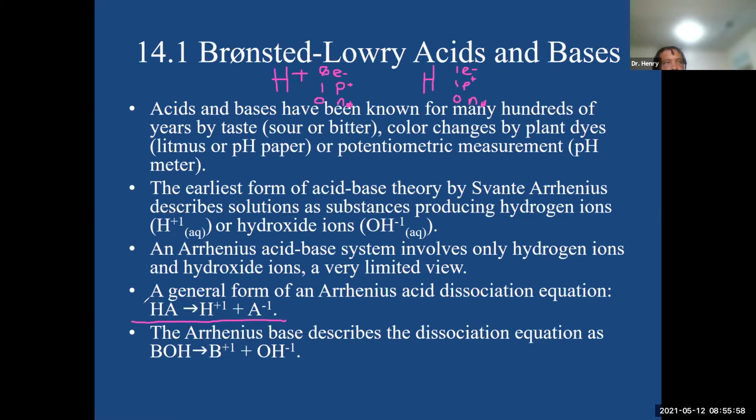When we get together, we get the H plus and the ion that we're working with. If the acid is strong, it's going to have a complete dissociation, so you end up with just the H plus and that ion. In the case of an Arrhenius base, we often have a metal and the hydroxide ion, so we get the metal ion and the hydroxide ion when it completely dissociates.